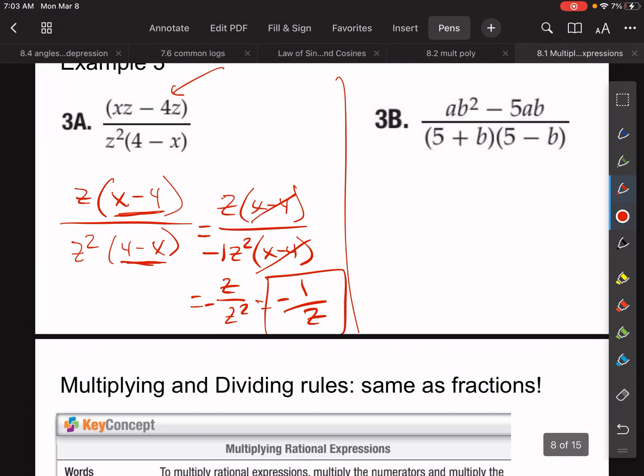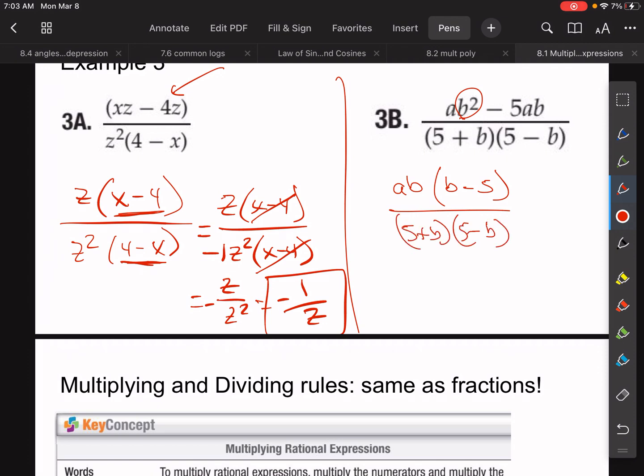3b, kind of the same deal here. Notice up top I can take an a, b out, and I'm left with b, because there were 2 of them there, minus 5. Then on the bottom I have 5 plus b, 5 minus b. It would be easier here to make the top look like one of those two.